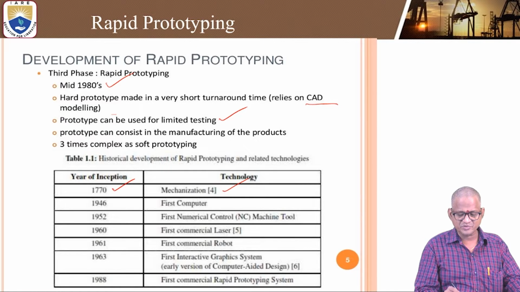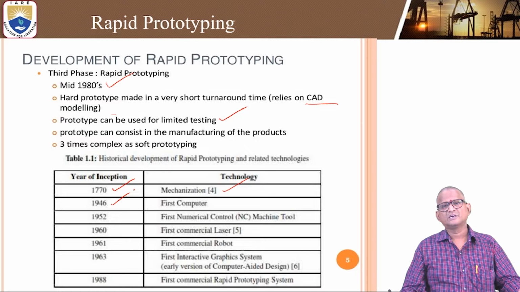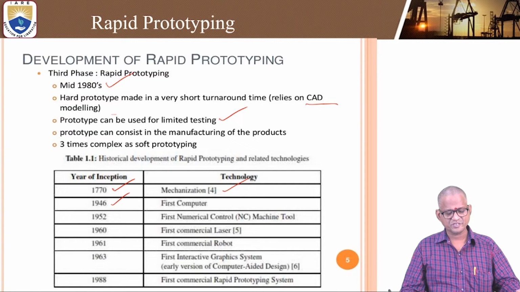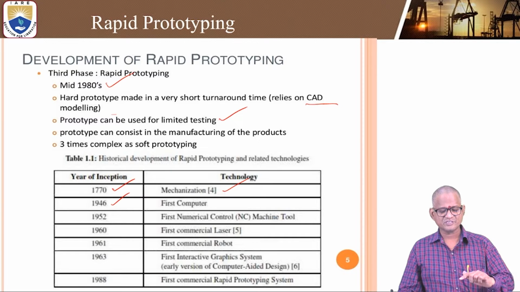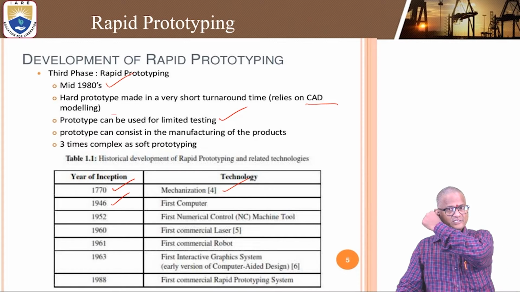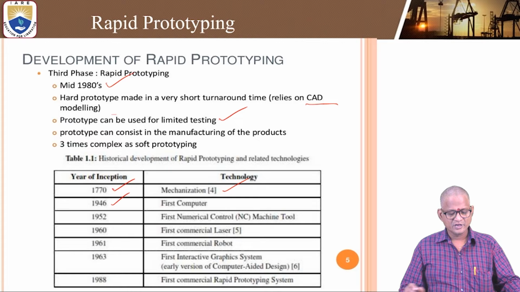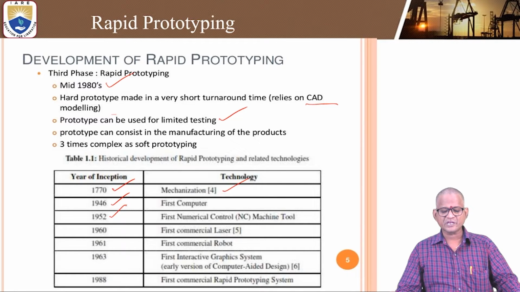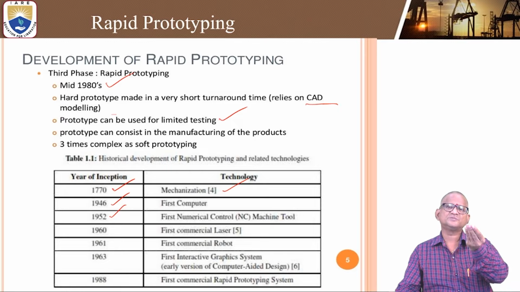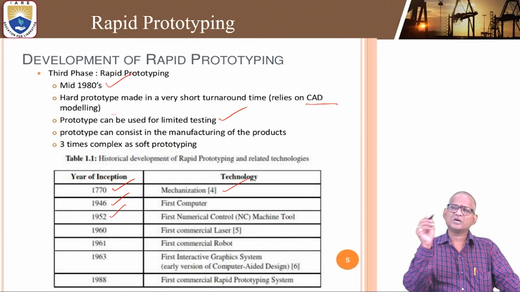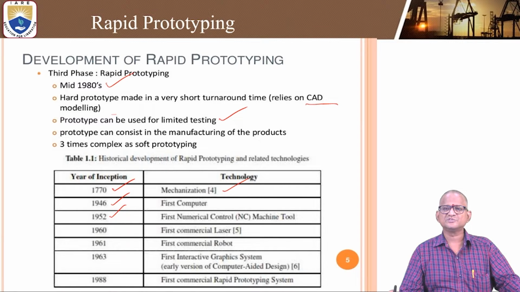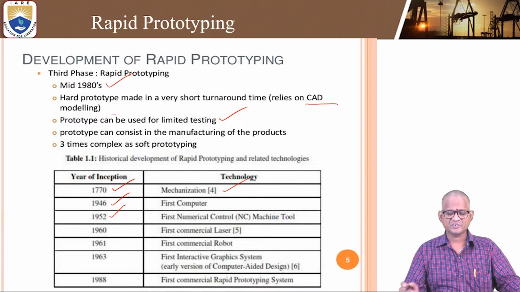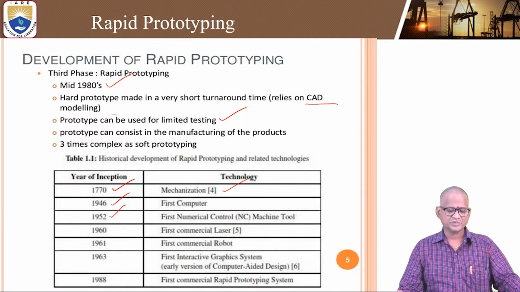The first computer came in 1946, before independence. Independence was in 1947, and in 1946 the first computer technology arrived. In 1952, the NC machine tool, numerically controlled, with punch chips. Binary code, 0101, was used; machine language could be used in numerically controlled machine tools.